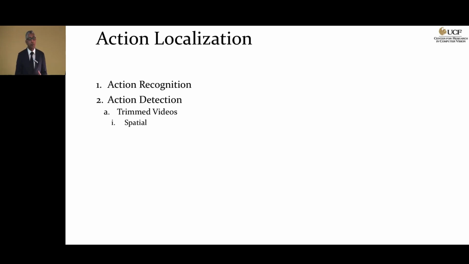And in that kind of videos, you mostly do spatial localization by putting a bounding box. As compared to untrimmed videos where you can do either temporal localization, which is defining the starting and the ending frame of the action itself, or it could be spatio-temporal, which means you're defining the starting and ending frame as well as the bounding box in each one of those frames.